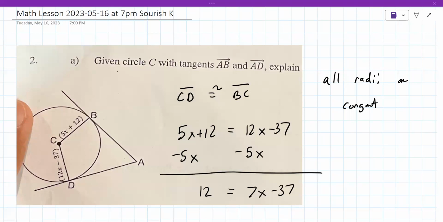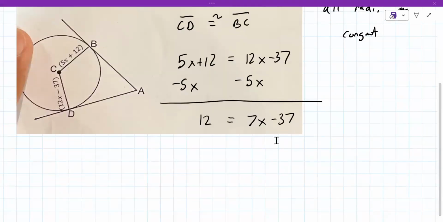All right, I got that down. 12 equals 7x minus 37. Okay, so the next thing is to add 37 to both sides.